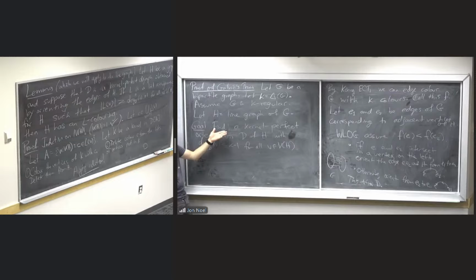I haven't proven it's kernel perfect, but that's the orientation. So for edges that share things on the left side, we orient from the edge of lower color to higher color. And if they share things on the right side, I orient from higher color to lower color.